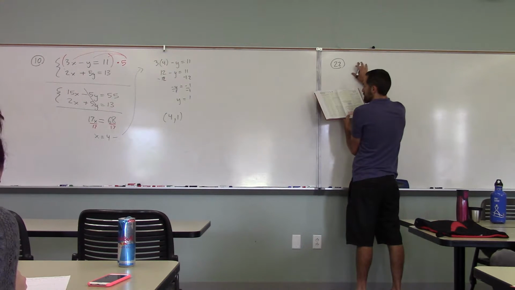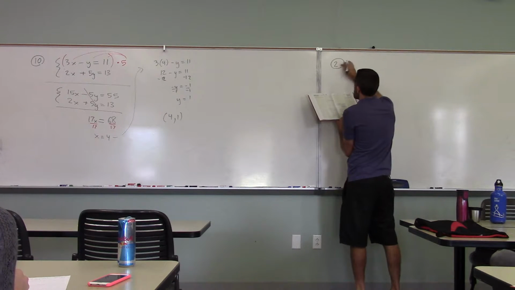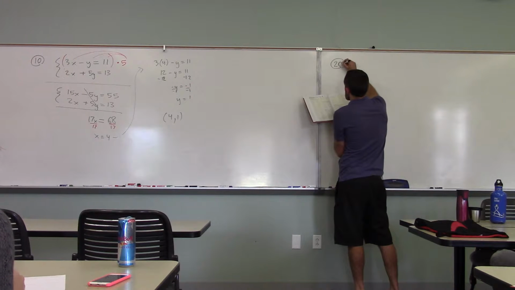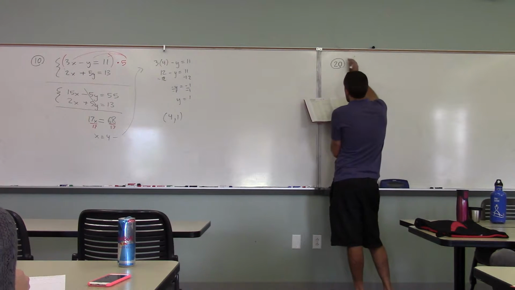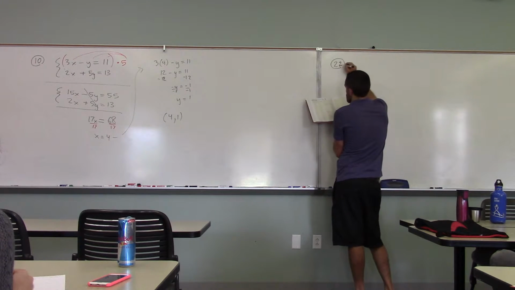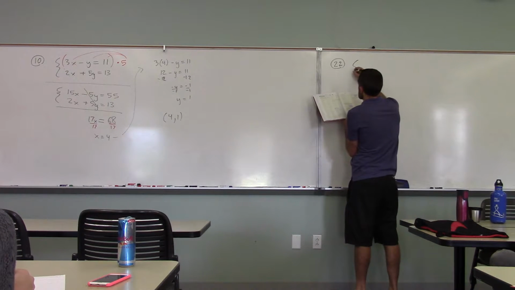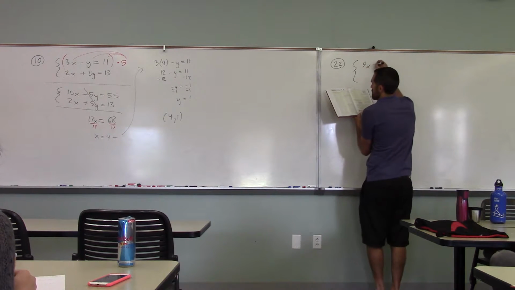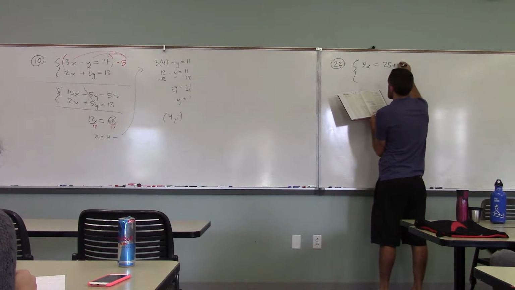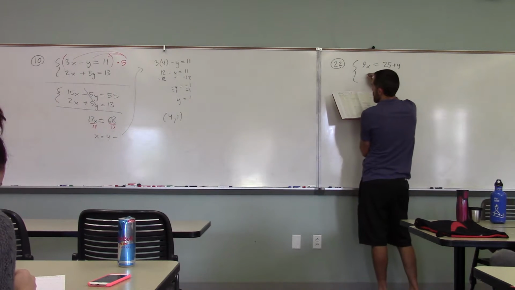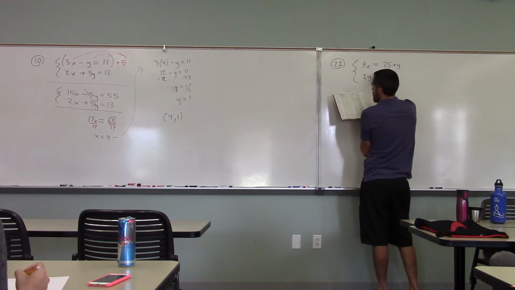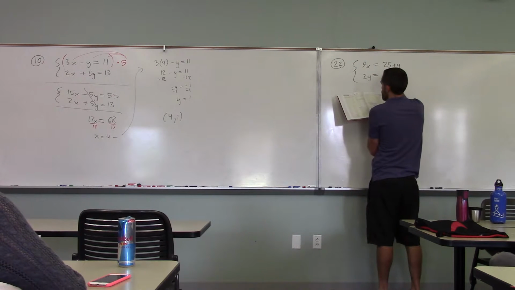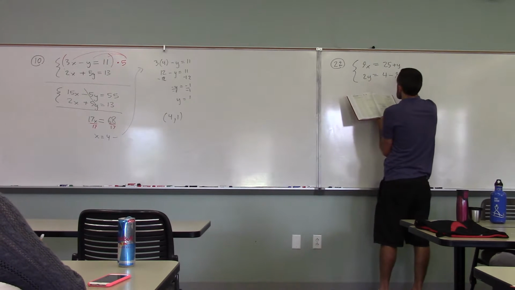Ooh, that wasn't the one I meant. I meant 20. Okay, we'll do 22. I'm crazy. Let's do 9x equals 25 plus y, and 2y equals 4 minus 9x.